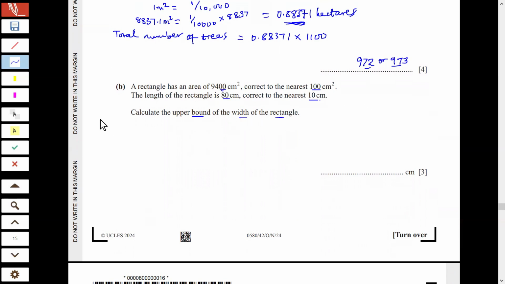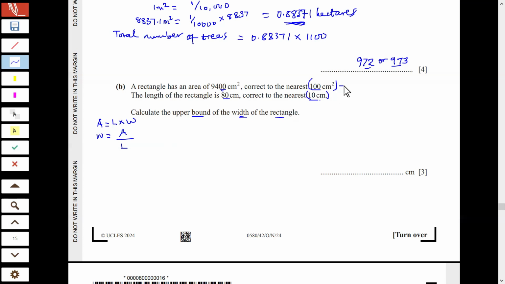The area of the rectangle is given by multiplying the length by the width. If they're asking for the width, it means the width of the rectangle will be area over the length. We're given the degree of accuracy as 100 centimeters for the area, and the degree of accuracy for the length of the rectangle is given as 10 centimeters.